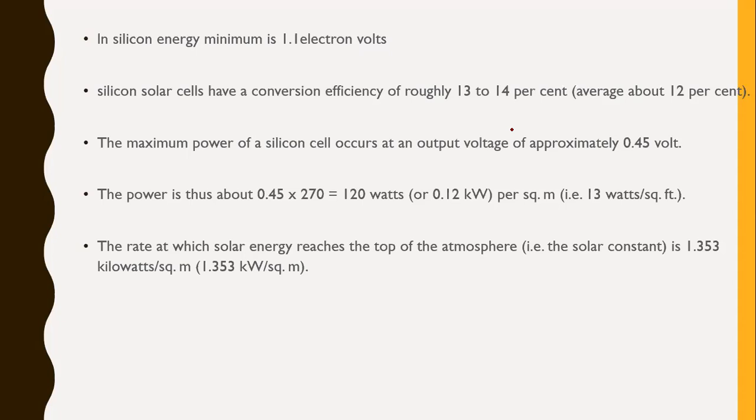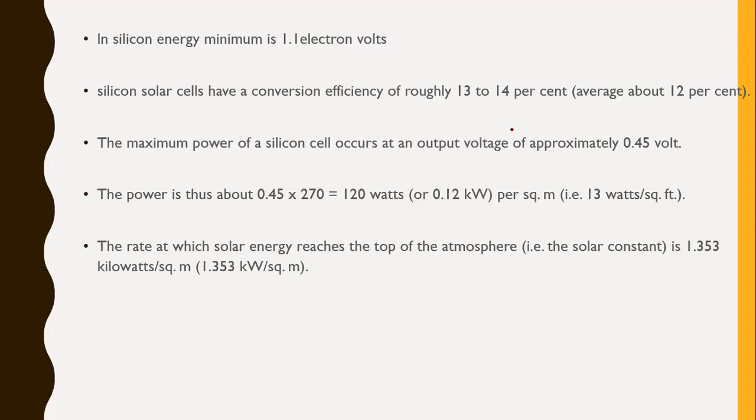So the maximum power of a silicon cell occurs at an output voltage of approximately 0.45 volts. So at what voltage does the maximum power occur in a silicon cell? At an output voltage of approximately 0.5 volts.